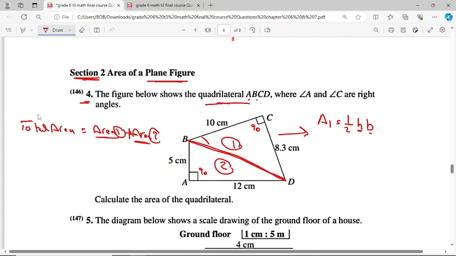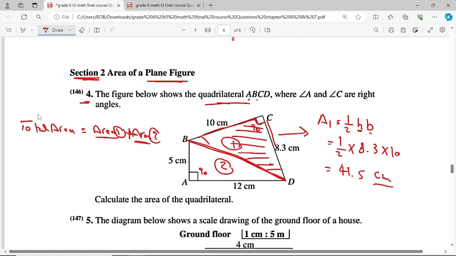So I have here, this is the height and the base. I have this right angle. So it means I have half multiplied by 8.3 multiplied by 10, so it will be equal to 41.5 centimeters squared. This is area number 1 for this triangle.